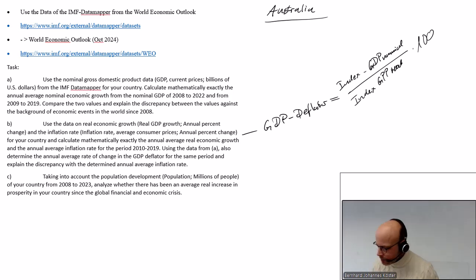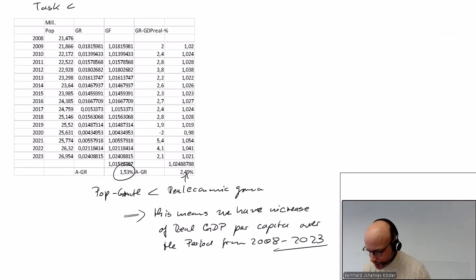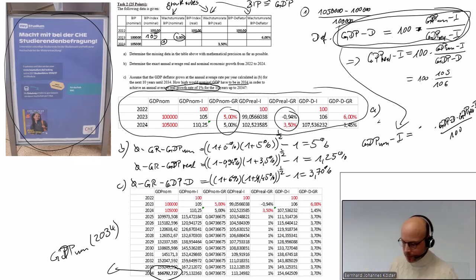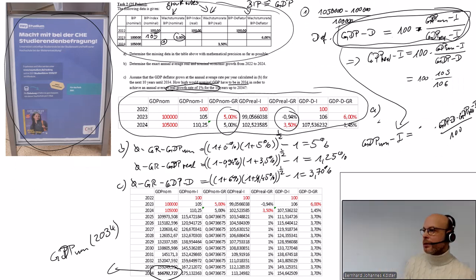Then what else did we do? We did here some explicit calculations where we have real growth, nominal growth with each other. And if you go through the lecture, there I had also some explicit calculation on inflation.